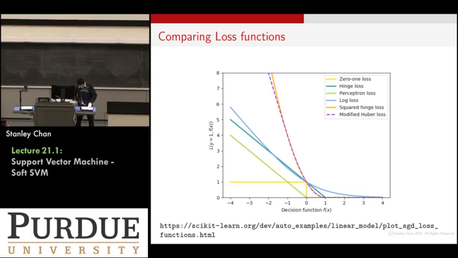That will be this curve. Okay, I think it will be this curve. It's because this is the perceptron loss. And now when you have a 1 minus this, then you are moving it to the right. All right. So that is the discussion about soft support vector machine.